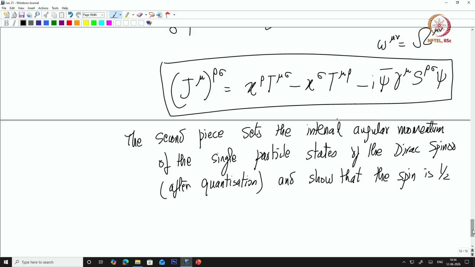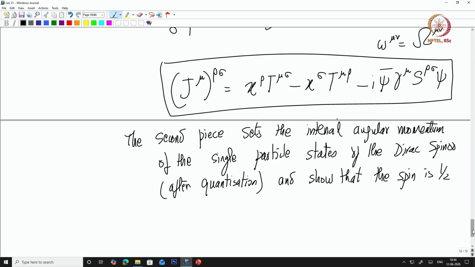Okay. So what we are trying to do is relate the transformation properties of the Dirac spinor and the conserved currents associated with the Dirac spinor under the transformations, and we are relating it with the representations of the Lorentz group, and saying what are the internal angular momenta of this one particle state after quantization.